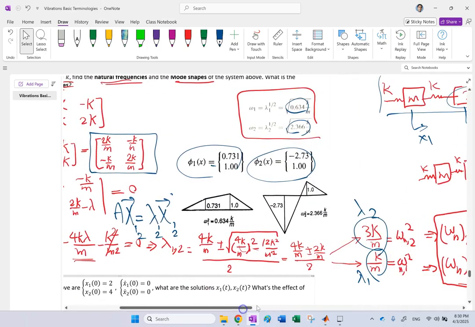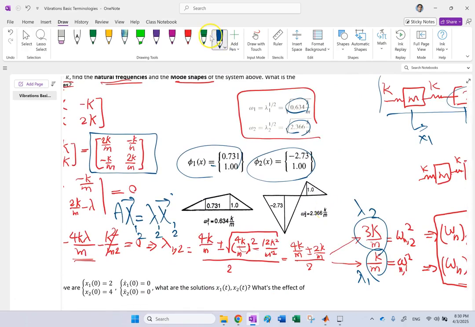Now, if one of the masses was 2m, then the mode shapes will be different. Look here. For the first frequency, the mode shape was this guy goes 1, this guy goes 0.7. For the second mode shape, this guy goes 1, this guy goes -2.7. Again, if you connect these two together, you'll see there is a point somewhere between the two masses which will not move. That's a node. Where is it? You can find it by similar triangles.